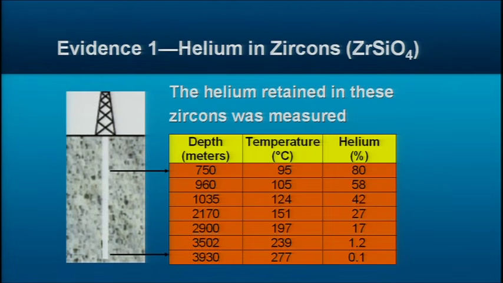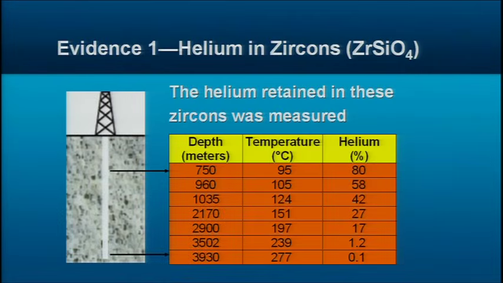As you go down the drill hole, you can see in this table, at deeper depths, the in situ temperature rose. That's right. At nearly 4 kilometres down, the rock was at 277 degrees. That's more than twice the boiling point of water. That's how hot the rocks were at that depth.